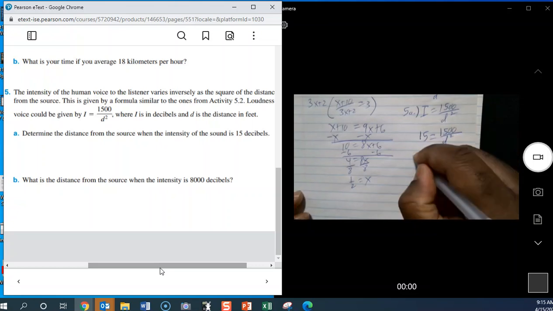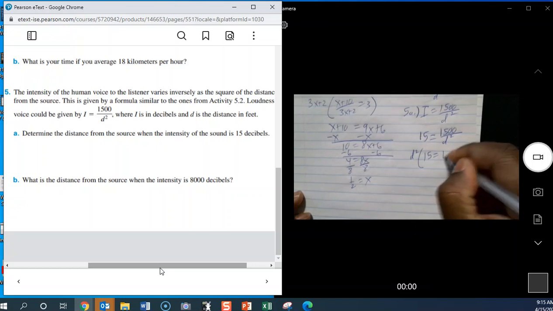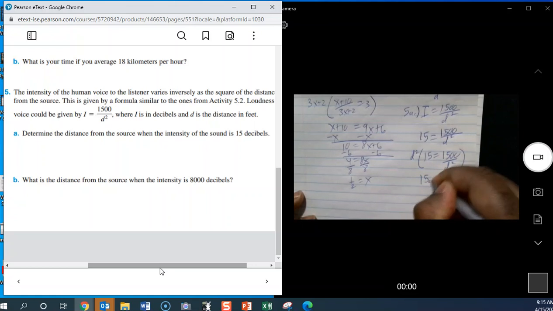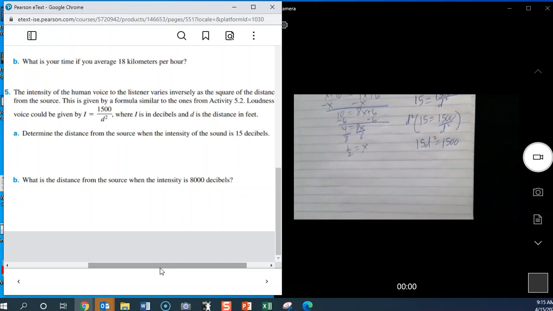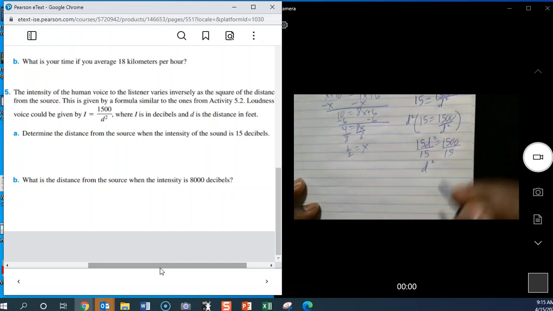First we multiply everything by d squared to get rid of the d squared in the denominator. So we have 15d squared is equal to 1500, because the d squares simplify each other out. Now we divide each side by 15, and d squared is equal to 100.